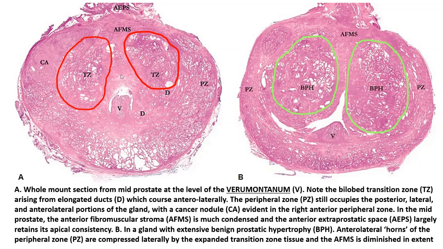There's a well-developed transitional zone now seen towards the mid part of the prostate, which was not seen previously. And towards the posterior and the lateral aspect of the prostate, you still have the peripheral zone. Now, this transitional zone is important because this is the zone that basically gets enlarged in benign prostatic hyperplasia, resulting in the compression of the peripheral zone that you see in picture B.